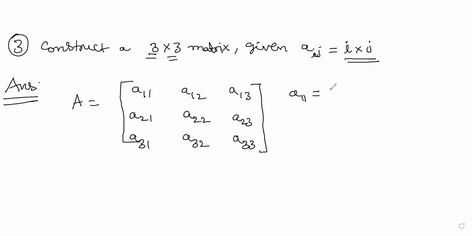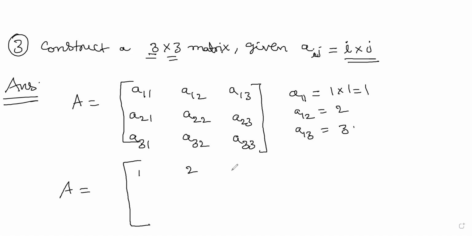What is A11? 1 into 1, which is 1. Now A12, 2. Next A13, 3. Very good. So let's write the first row here itself, 1 2 3.